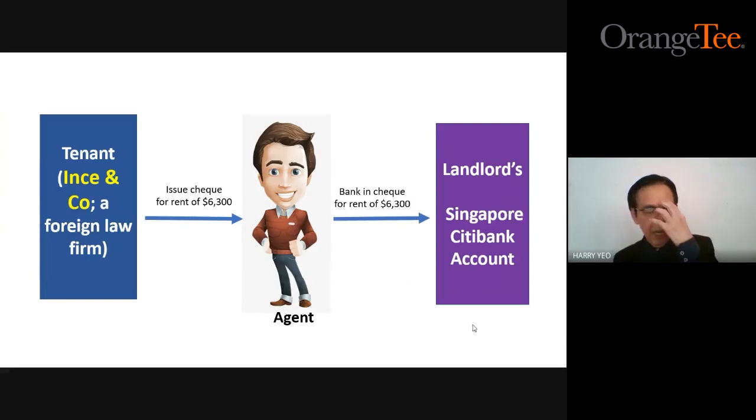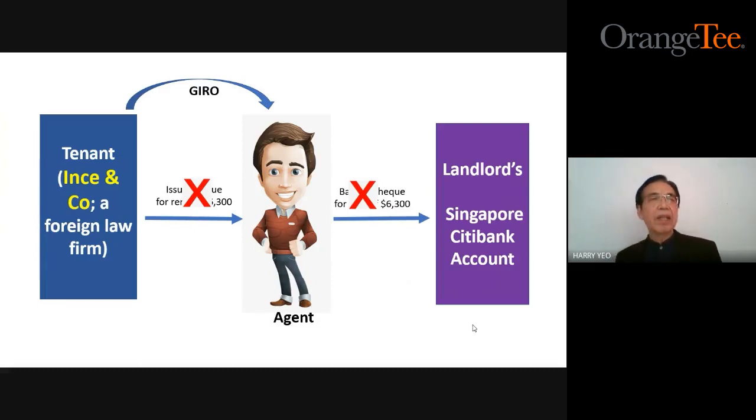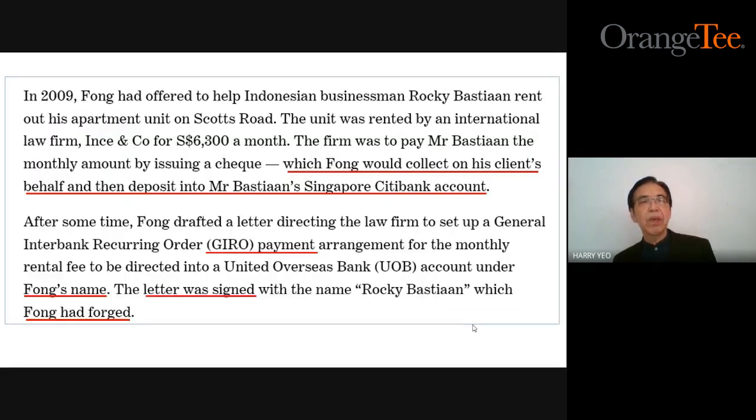Then one day, the agent got an idea. What? Cancel the collection and use GIRO. So the agent drafted a letter, forged the signature of the landlord, and got the GIRO to pay directly to his own account. So the money went to his account, didn't go to the landlord's account. Now, if you receive that money, it must be accounted for, but he did not. And therefore, it was found out, and later he was sentenced to jail.